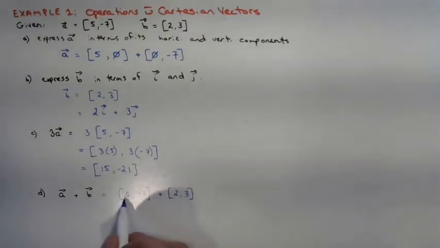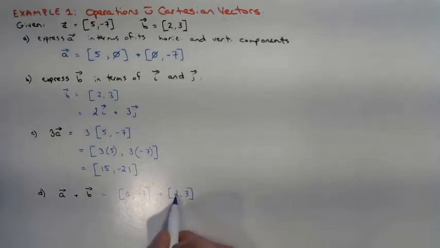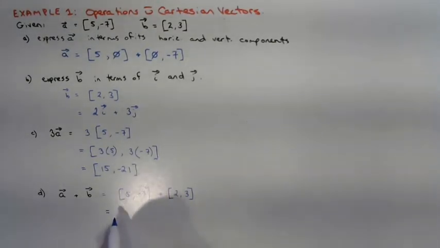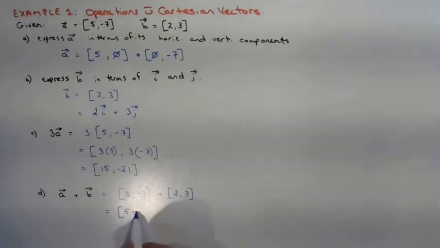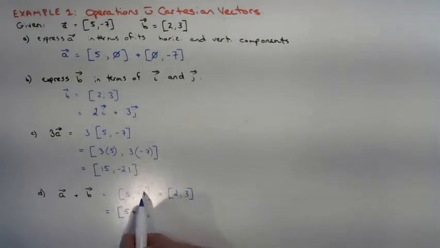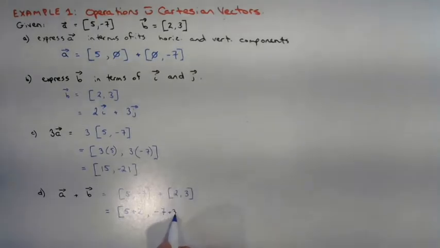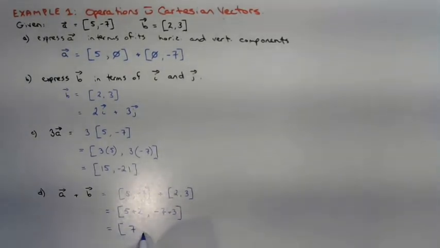If A moves horizontally 5 and B moves horizontally 2, then my horizontal component for the sum of A plus B is going to be 5 plus 2. My vertical component is going to be negative 7 plus 3. And when I simplify that, I get the vector 7, negative 4.